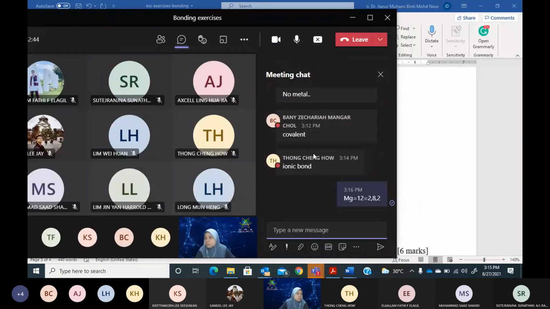So write this right. Because magnesium is 12, you separate the shells 2,8,2. So these two you don't want. When you don't want, you need to donate 2 electrons to others.